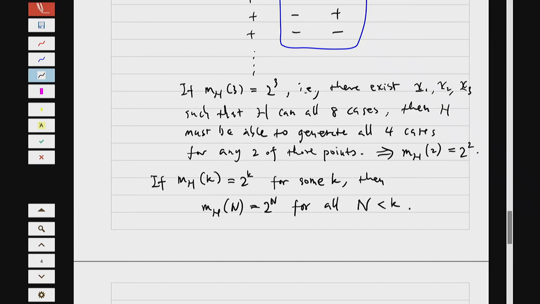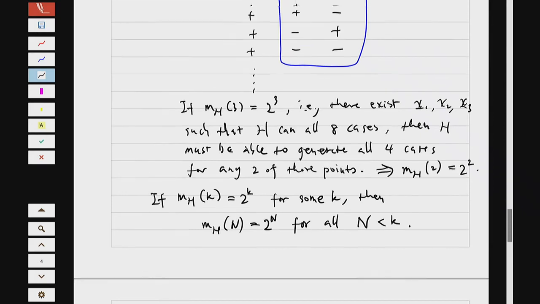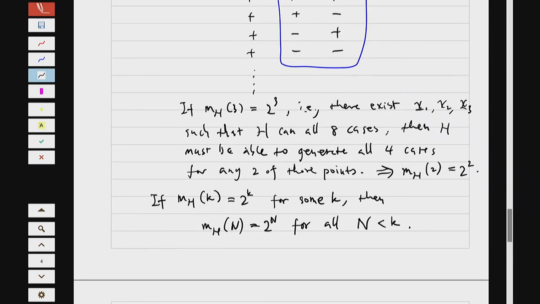You just go back step by step. All of them can be generated. Is this convincing to everyone?